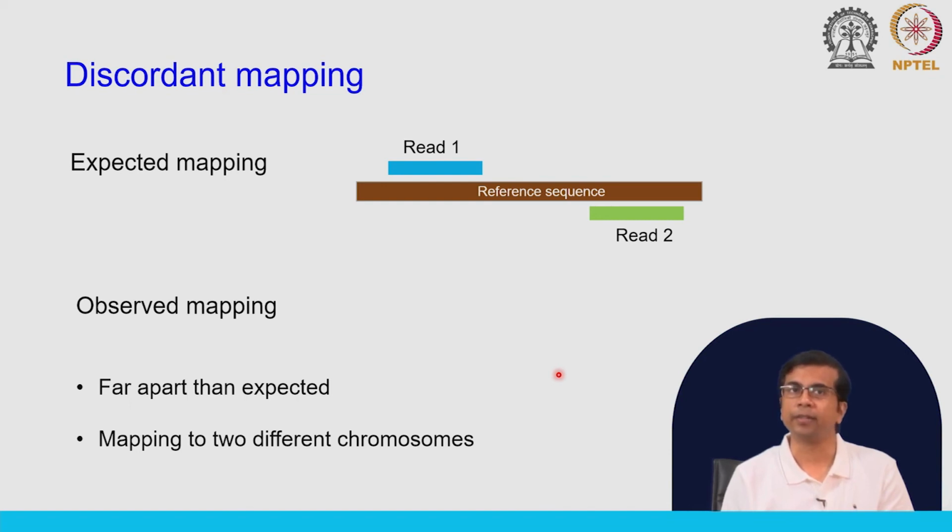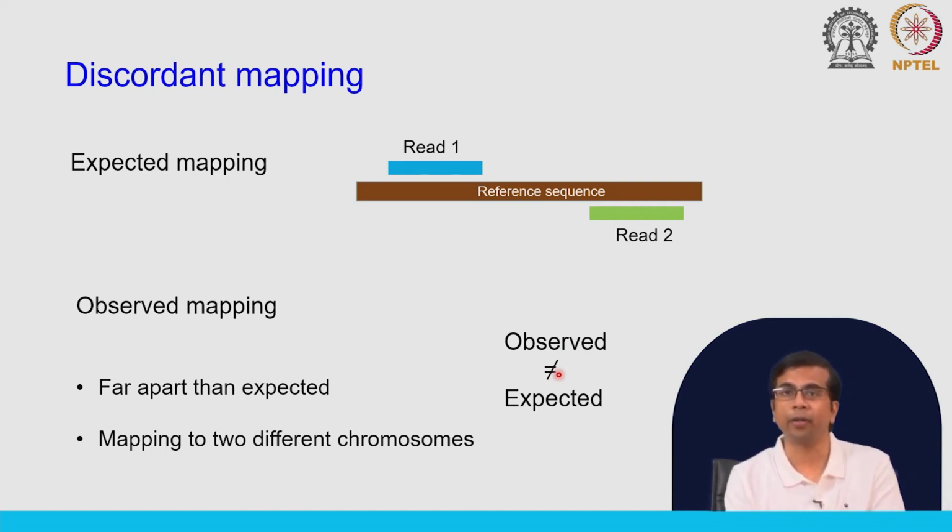This refers to discordant mapping: observed is not equal to expected. Now, this is very interesting in certain situations. For example, if there is a structural variant or some sort of chromosomal fusion, you are likely to see this kind of discordant mapping.